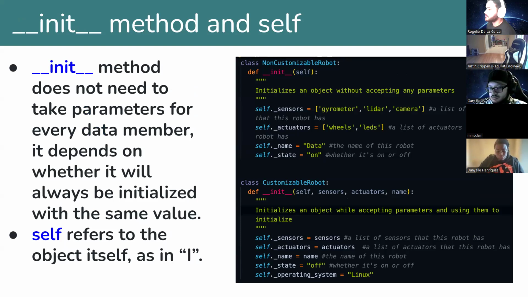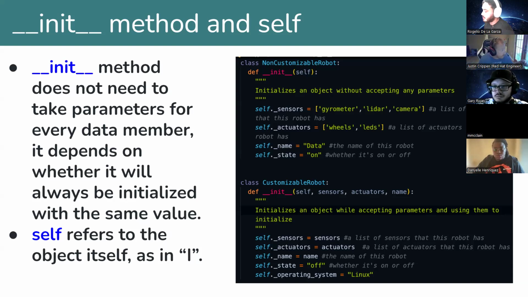It's calling upon itself. The code snippet you see here on the right side gives you two examples: a customizable robot and a non-customizable robot. Notice that both of these classes start with an init method. One has parameters and one doesn't.